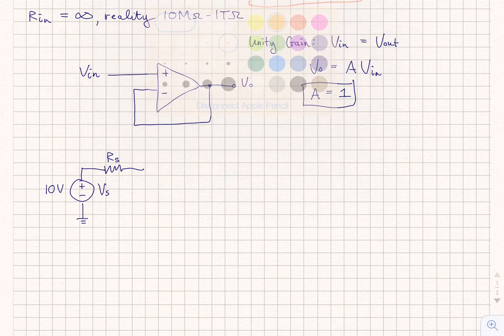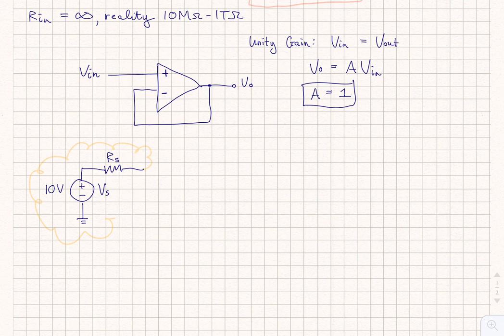And I'm going to draw a little cloud over the whole thing so that you can kind of see that this is my input. Alright, so now I want to feed this into a next stage of whatever electrical circuit I'm designing. Imagine this just being like a Thevenin equivalent circuit that's feeding into this next stage.